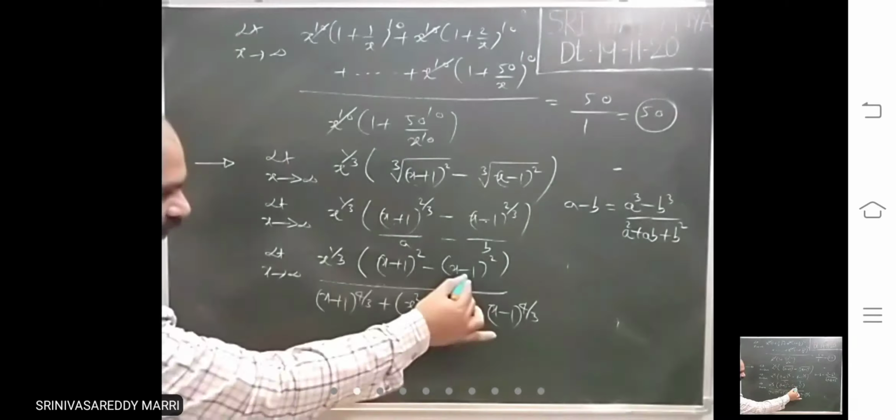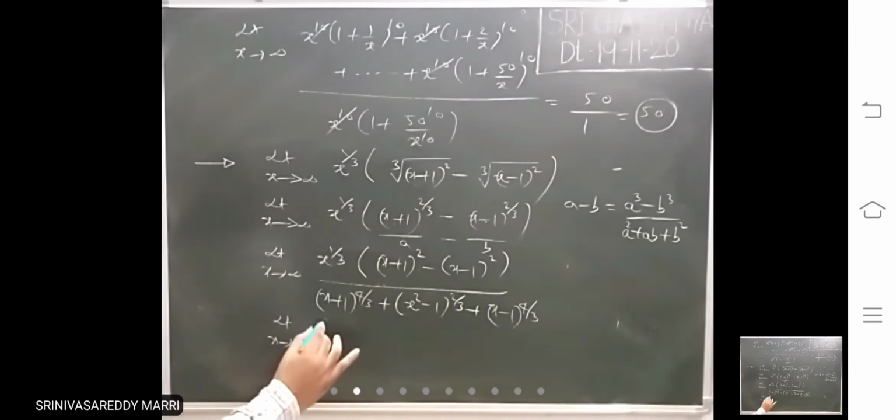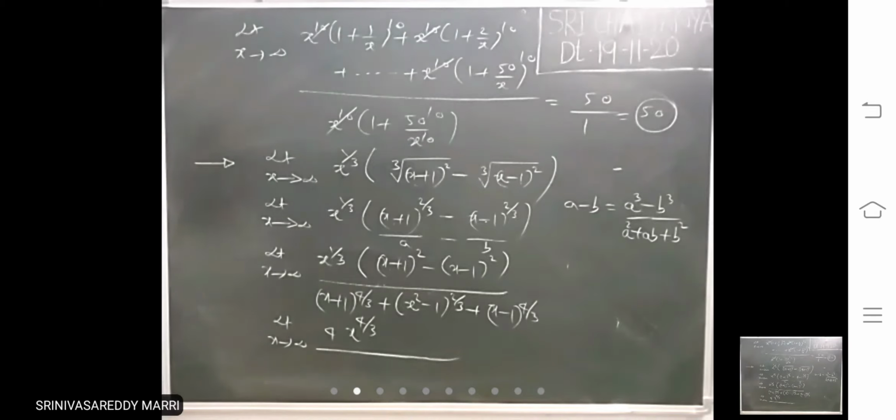So look at this, the numerator is 4x, that is 4x into x power 1 by 3, which is 4 into x power 4 by 3, divided by the denominator.